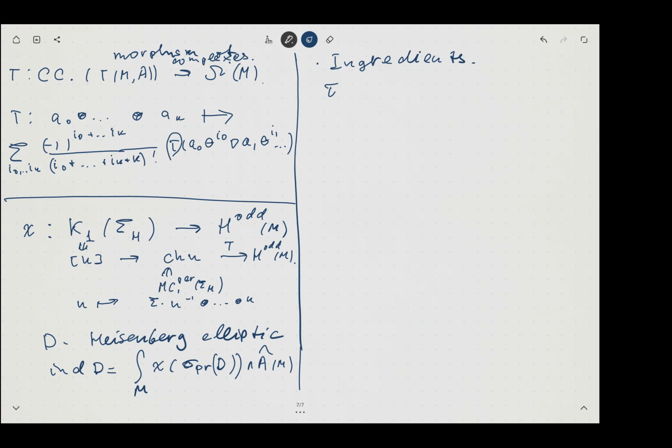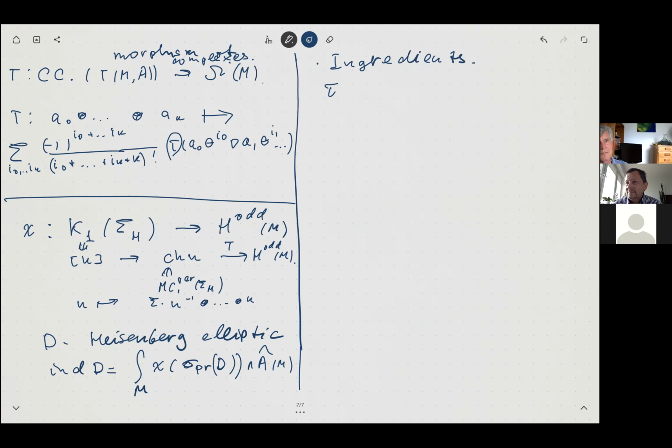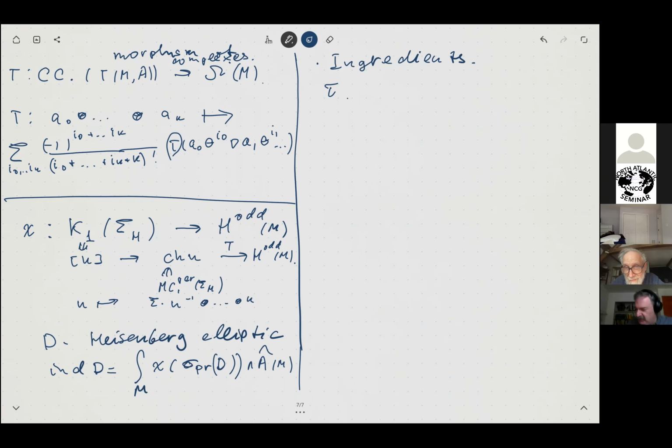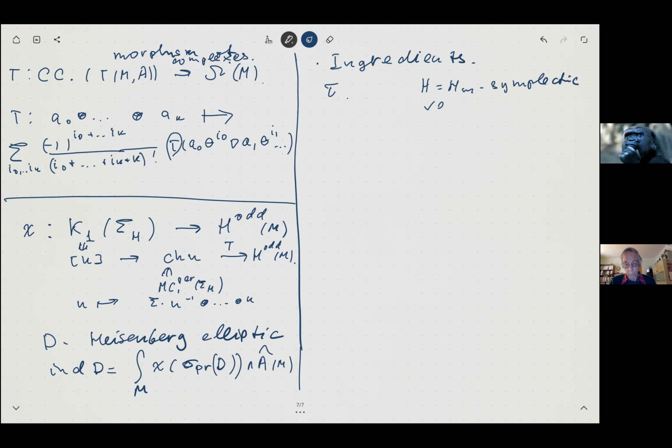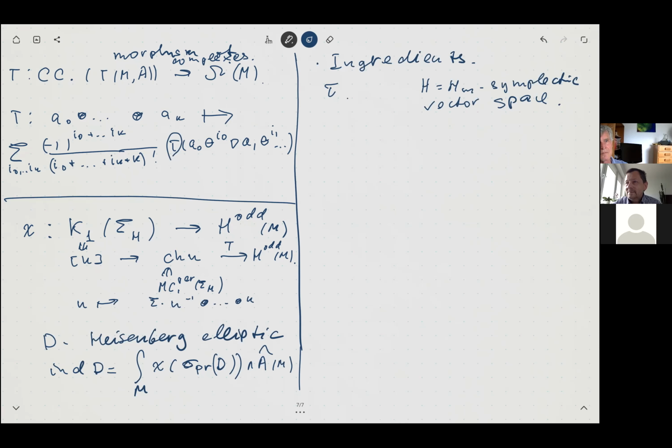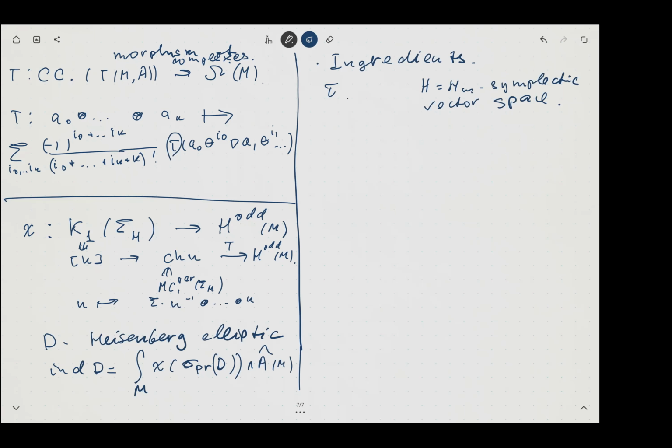So let me just work on a single symplectic vector space, and let me drop the point from the notation.